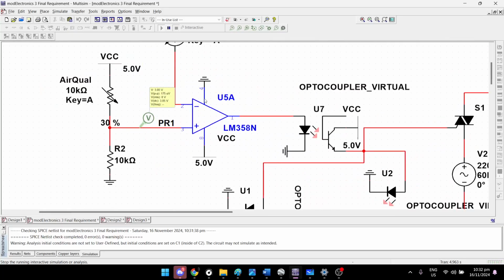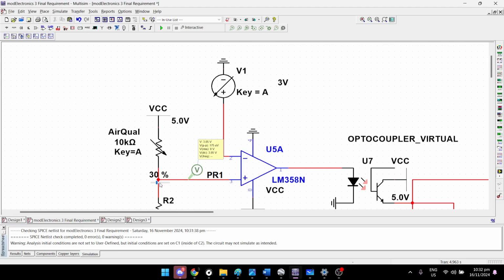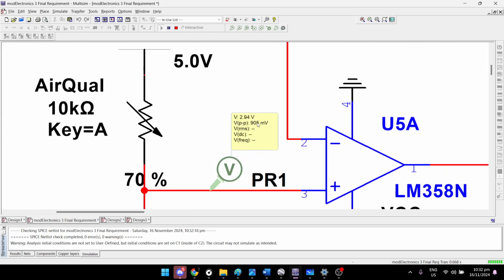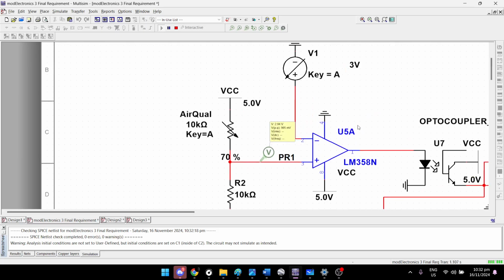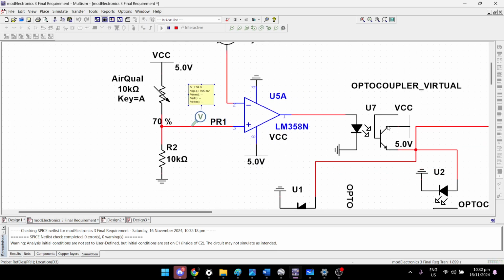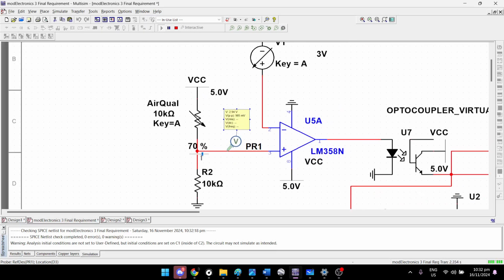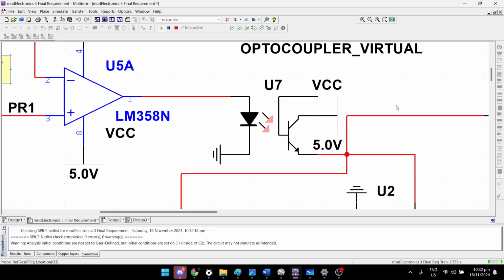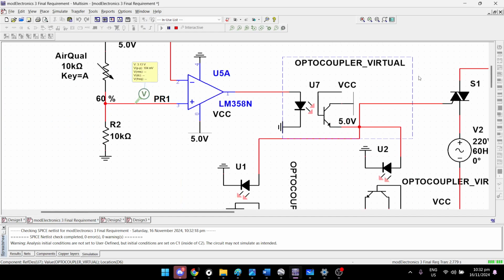Or we can also just adjust this one because this is actually our sensor. So let's do that. Let's turn it off for now. There we go. The voltage right now is 2.94 volts and our reference is at 3 volts. Therefore, the optocouplers are down. But if we lower the resistance up to the point where it's higher, we can see that the optocoupler is now powered on.